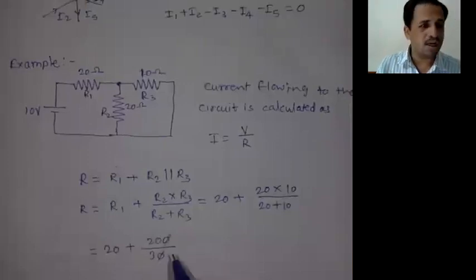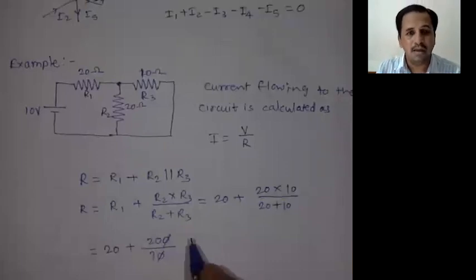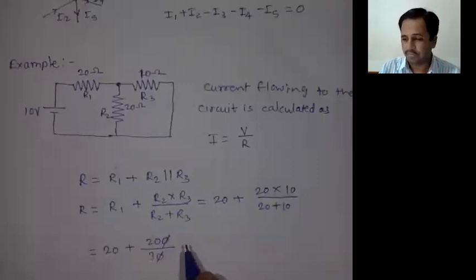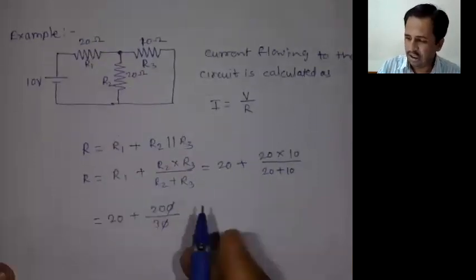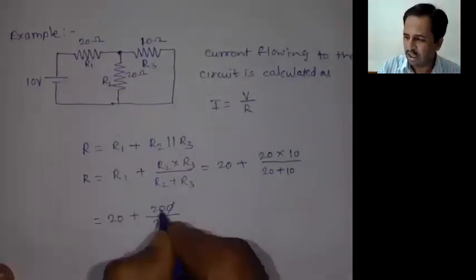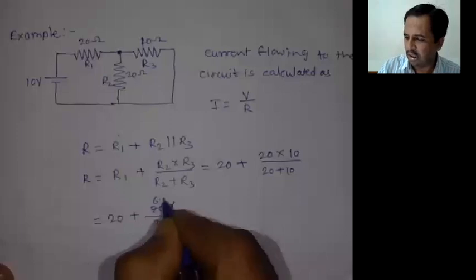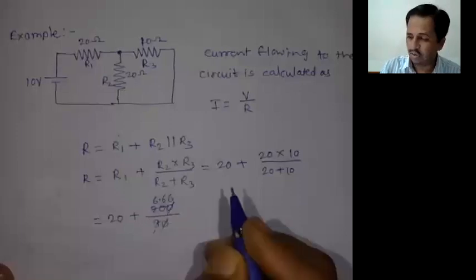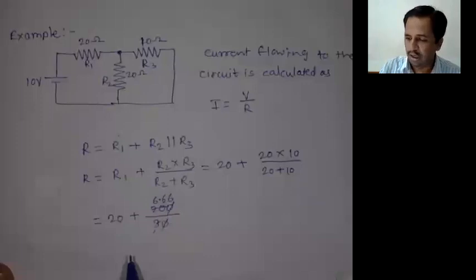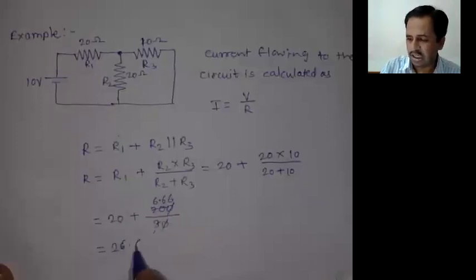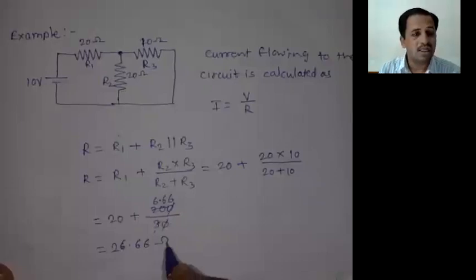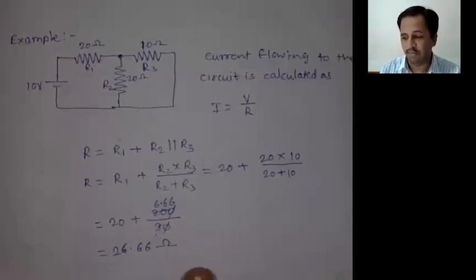Now these zeros cancel, and 20 upon 3 gives approximately 6.66. In this way we calculate this value, and it is represented as 26.66 ohm, which is the total resistance value.